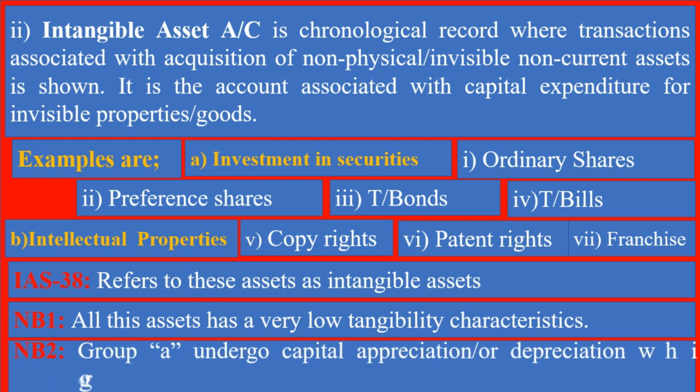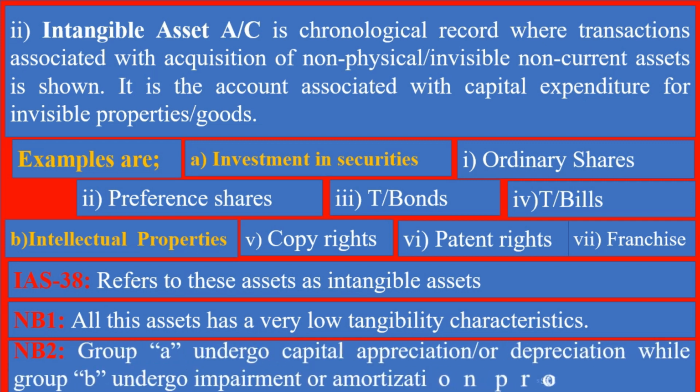Number 2, Group A, as you can see on the board, undergoes capital appreciation or depreciation, while Group B undergoes impairment, or what we call the amortization process, over time.